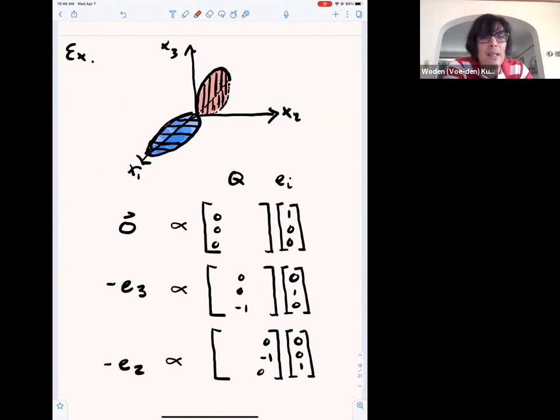If I blow in the x2 direction, then I'm going to be rotating around the x3 axis in some canonical way. And similarly, if I blow along the x3 direction, then I'm going to rotate around the x2 axis. Okay, so I can extract the columns of my operator that way.